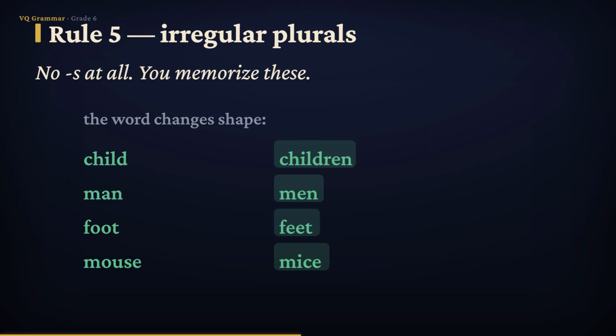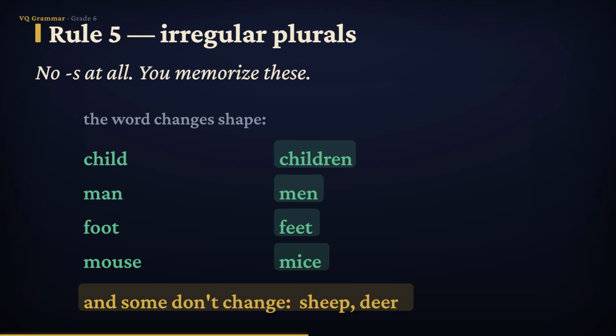Mouse becomes mice. And here's the strangest bunch of all. A few nouns don't change one bit. One sheep, two sheep. One deer, three deer. Same word for one or for many. There's no rule to figure these out. You simply learn them by heart.